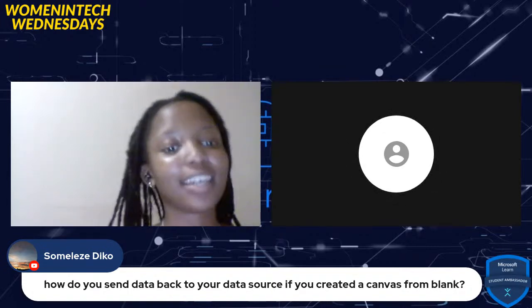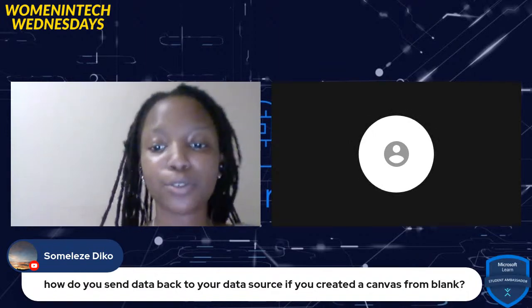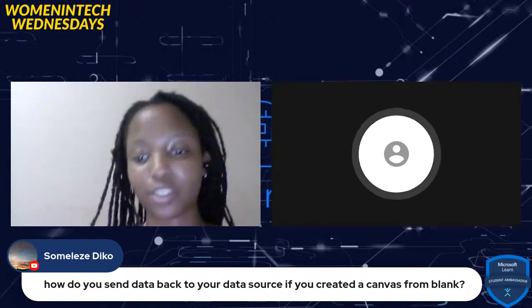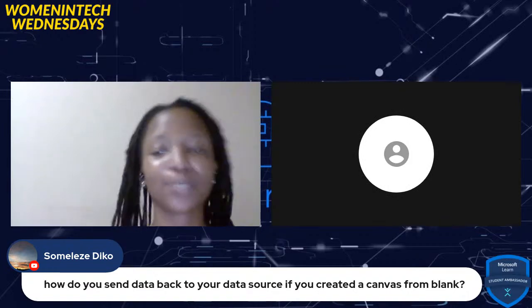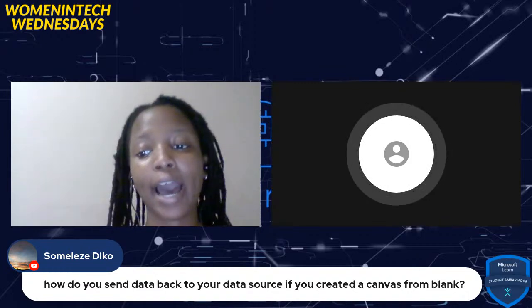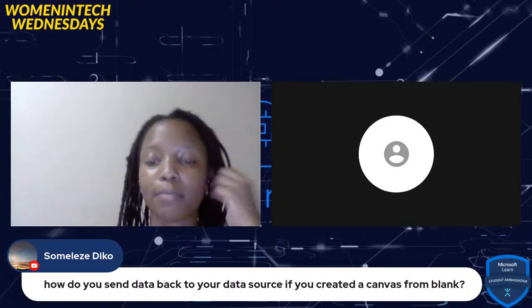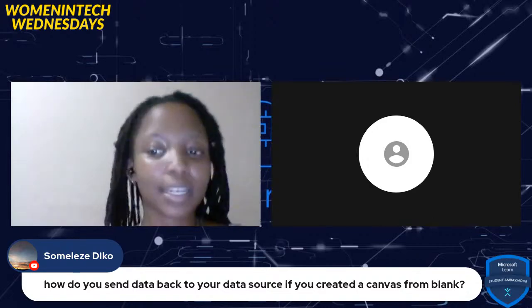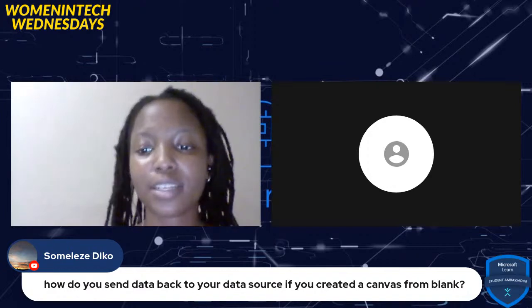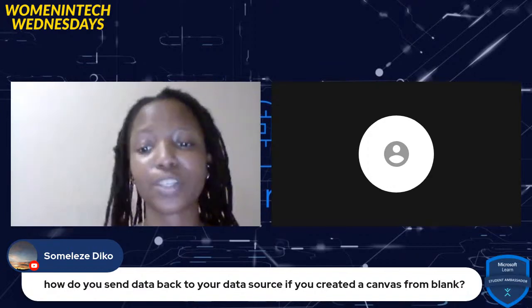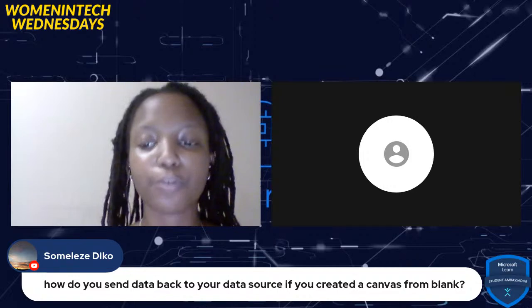I think what you and I need to do is just ask the Power Ninjas. Actually, a Power Ninja asked this question: how do you send data back to your data source if you created a canvas from blank?